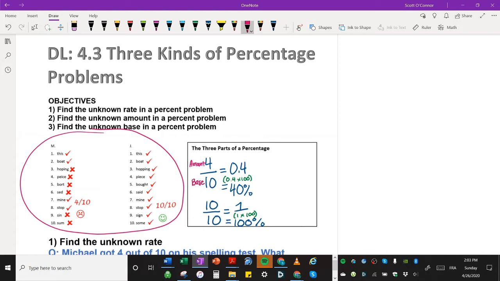And then 0.4 or 40%, that is called our rate. Our rate can either be expressed as a decimal or as a percentage. So you should now know amount is the numerator, base is the denominator, rate is the percentage or the decimal, 0.4 in this case.